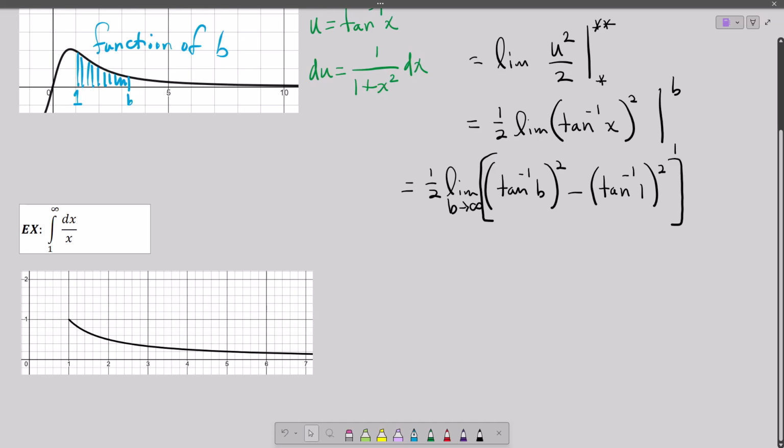So, take the limit. Arctan of b as b goes to infinity. Arctan approaches pi over 2 again. So this is going to be pi over 2 squared. Pi over 2 squared is pi squared over 4.